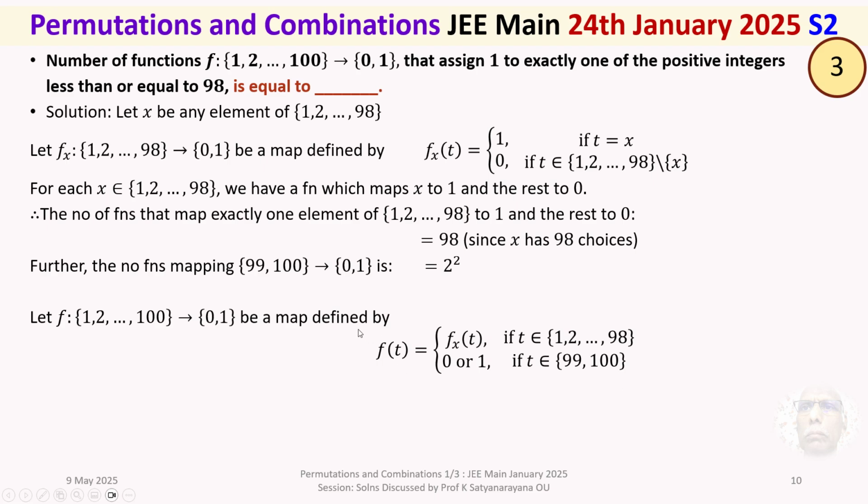This will be the required function. How many such functions will be there? The required number of functions is given by 98 multiplied by 2 squared, by the product rule of counting, and that is equal to 392. That is the required answer.